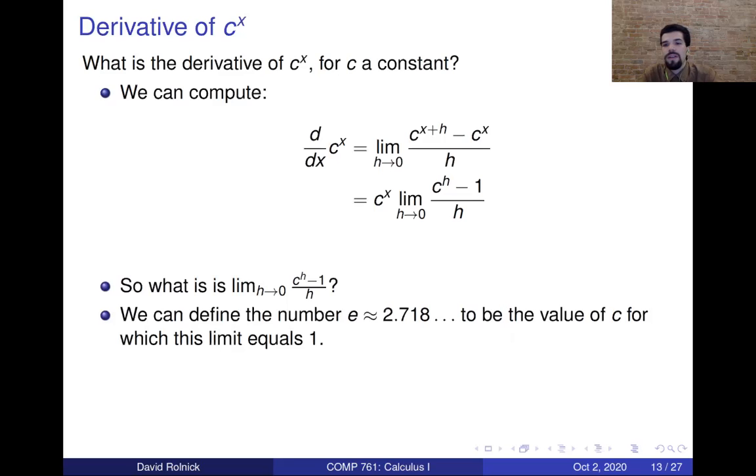Now, this is where e comes in. And there are many definitions of the number e. Euler's constant. It is about 2.718. And it is the value of c for which this limit equals 1.